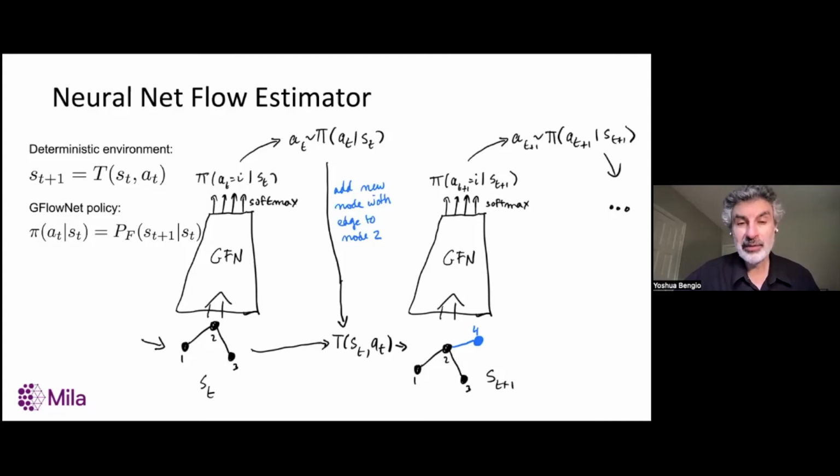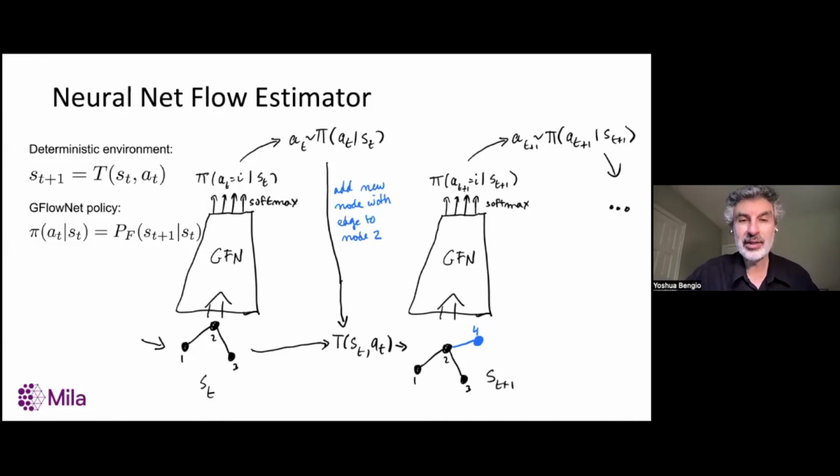Maybe we start with an empty graph, and then we say, let's connect node 1 and node 2, and then next step, let's connect node 2 and node 3, and so on. Each of those steps is stochastic according to a policy that is the generative model of the GFlowNet. We don't generate the object in one step. In fact, if it was in one step, the GFlowNet wouldn't be very interesting. What makes it interesting is this compositional structure, this sequential generation aspect, because of the generalizations that come out of that sort of decomposition.